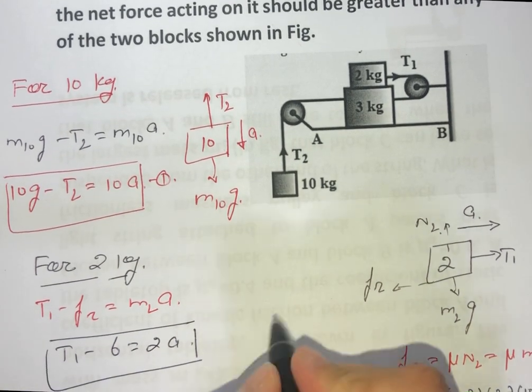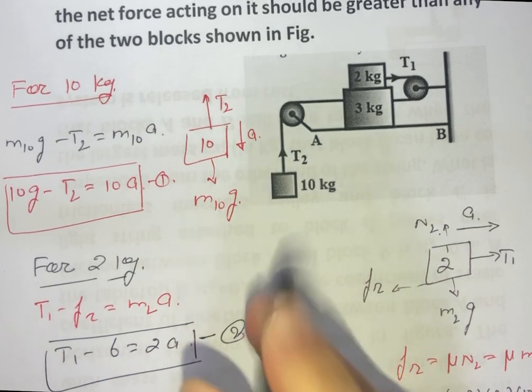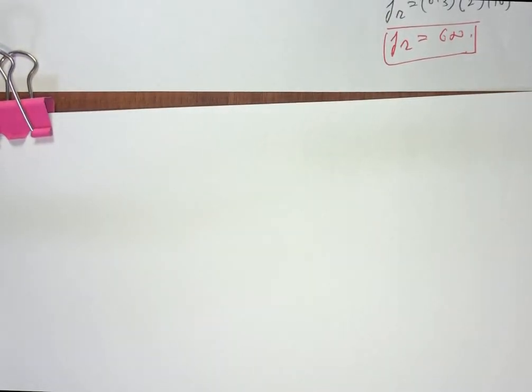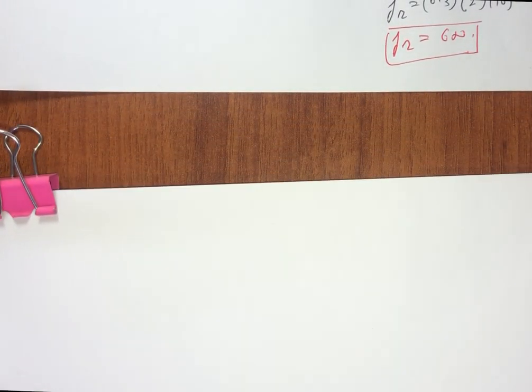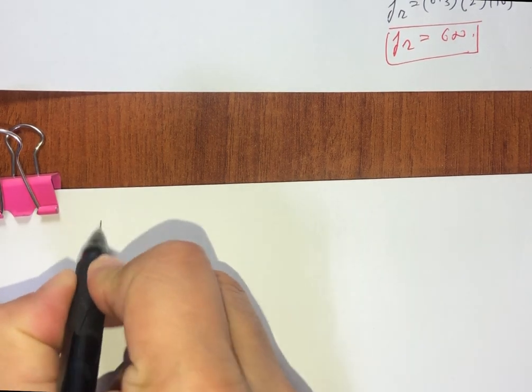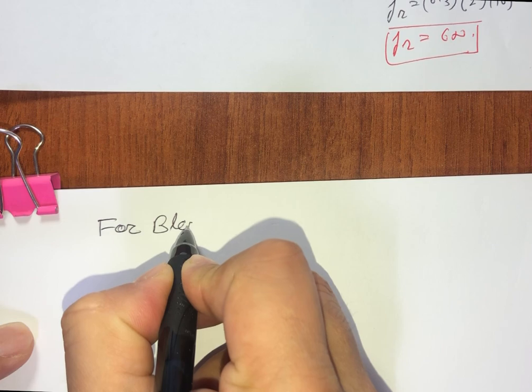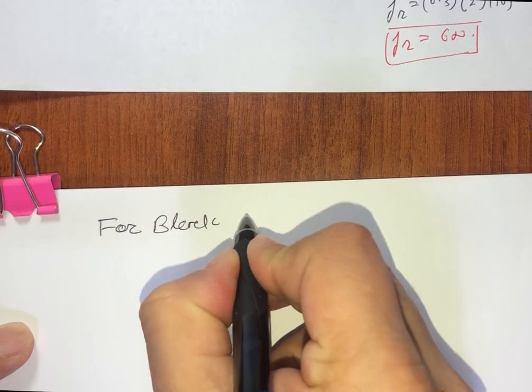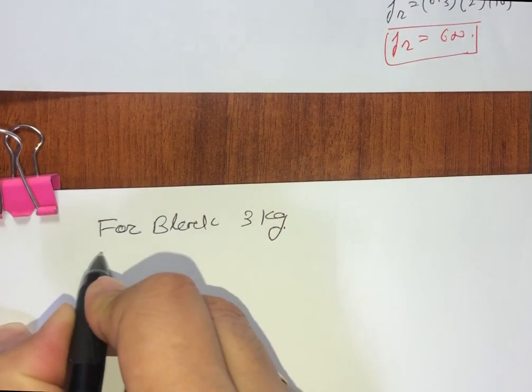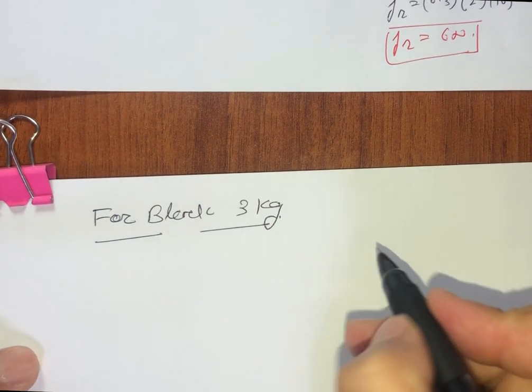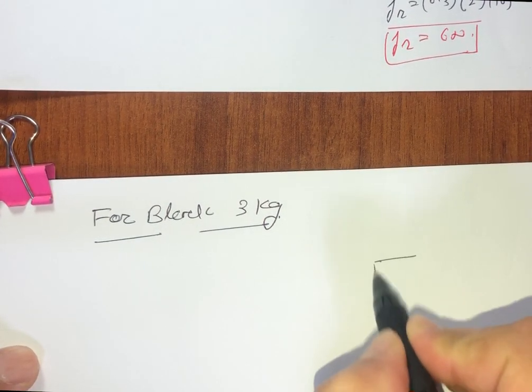Let us call this equation number 2. Let's consider block 3. So this is a 3 kg block.